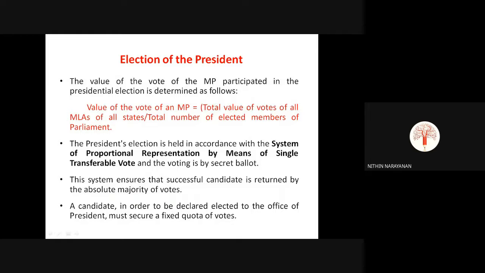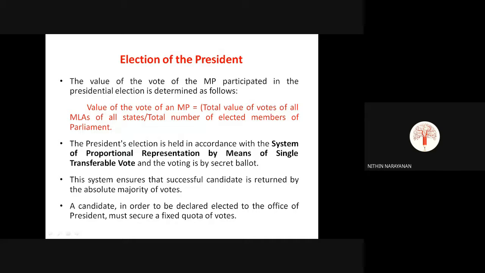Then the value of the vote of a member of parliament, an MP, participating in the presidential election is determined as follows. What is the equation for that? The value of the vote of an MP will be equal to the total value of votes of all MLAs of all states together upon the total number of elected members of the parliament.